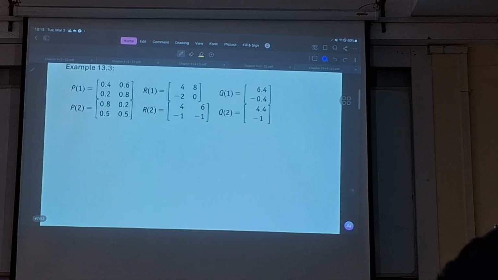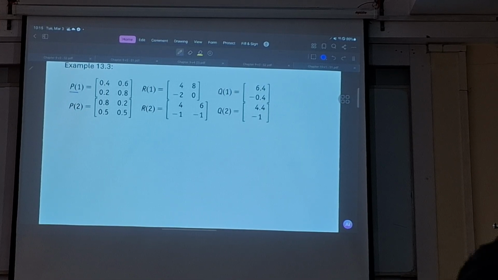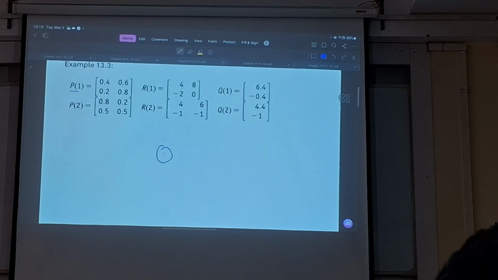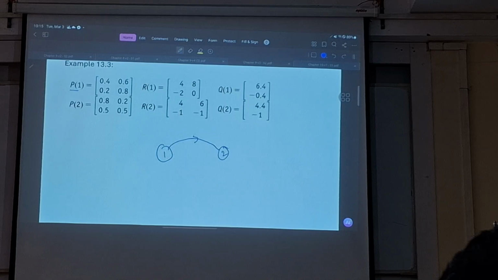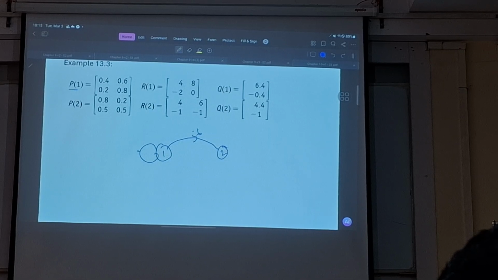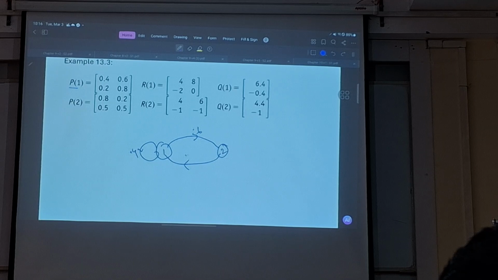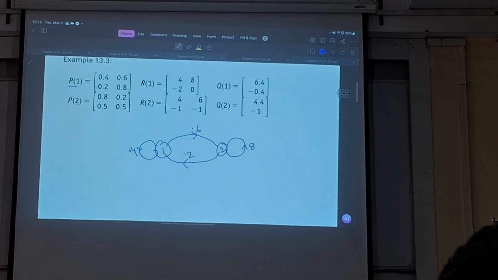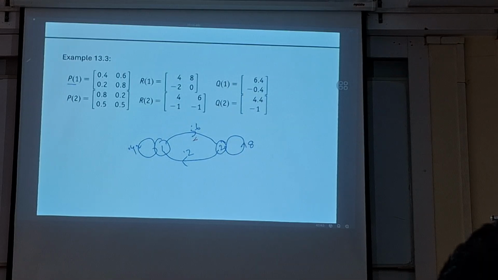A very simple example. We have a Markov chain with two states, and you can draw the state diagram: state 1 and state 2. The transition probability from 1 to 1 is 0.6, 1 to 2 is 0.4, 2 to 1 is 0.2, and 2 to 2 is 0.8. When there is a transition from 1 to 2, the reward is 4.